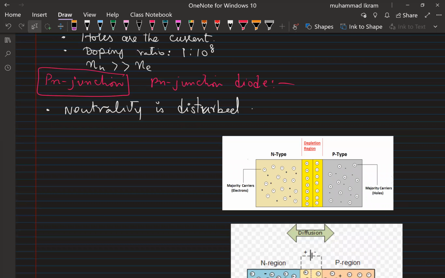I would like to tell you that this is just like an equivalent of a capacitor.